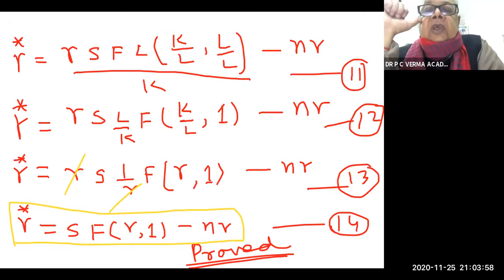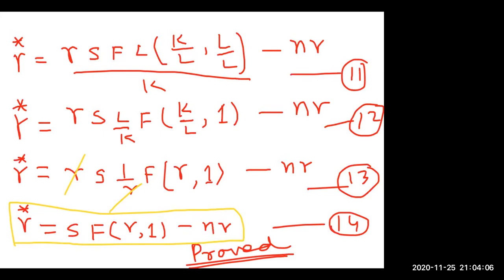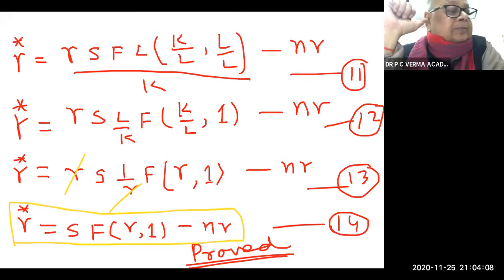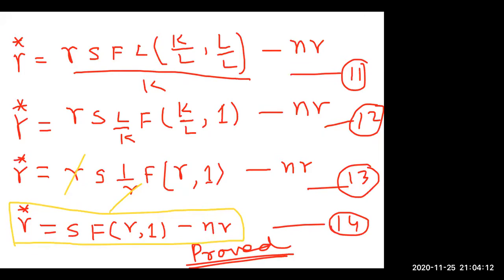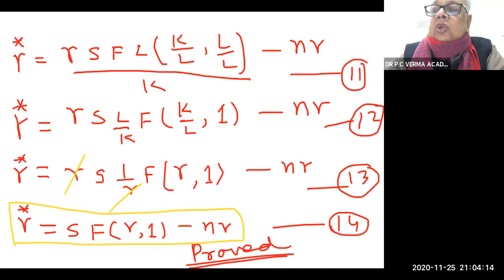And if R star is 0, this will give us equilibrium.